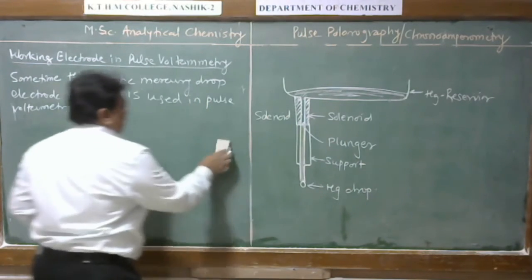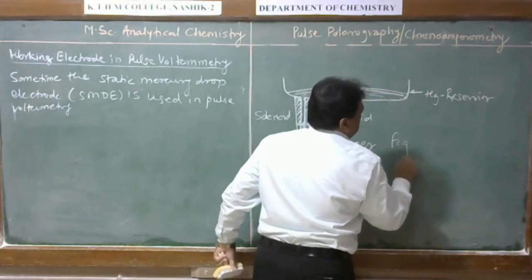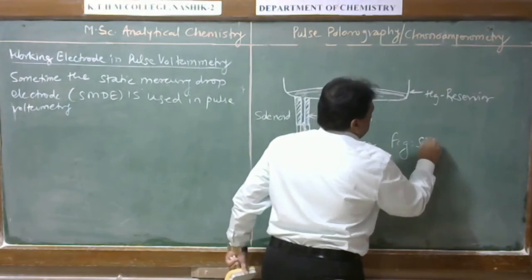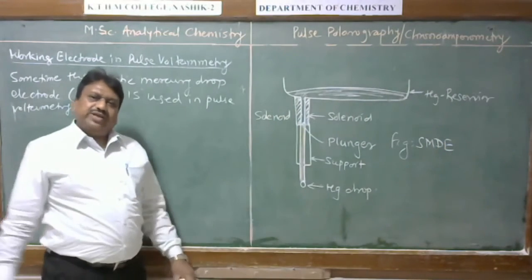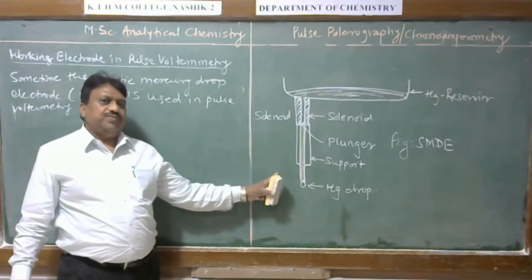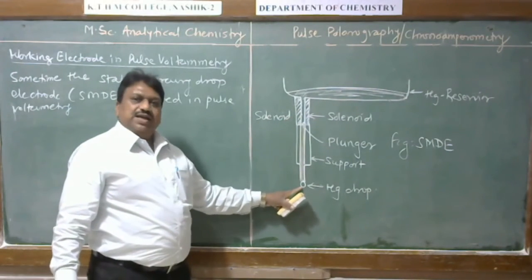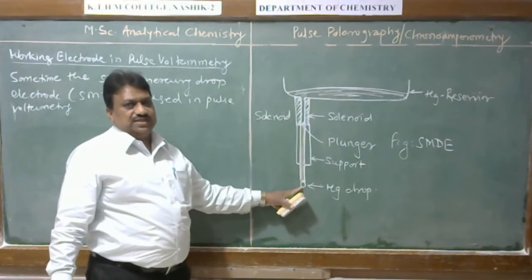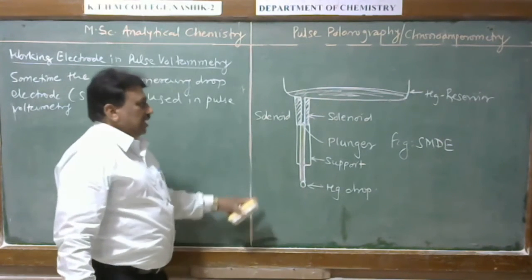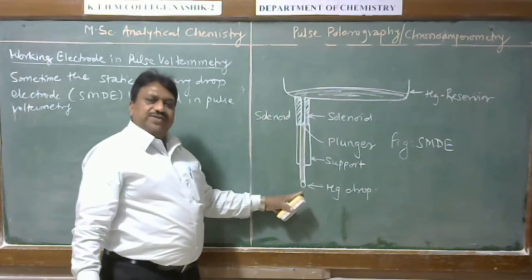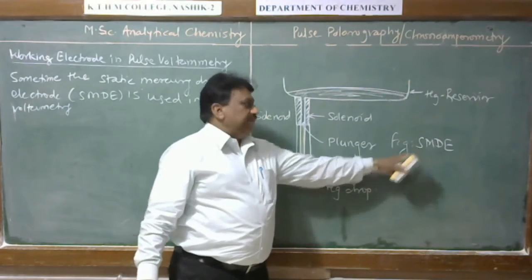Therefore, this electrode is called a static mercury drop electrode. It can be used as a dropping mercury electrode or a hanging mercury drop electrode also. Where we use a single drop for the total analysis, it is a hanging mercury drop electrode, and if we continuously drop the mercury in the solution, then it is a dropping mercury electrode.